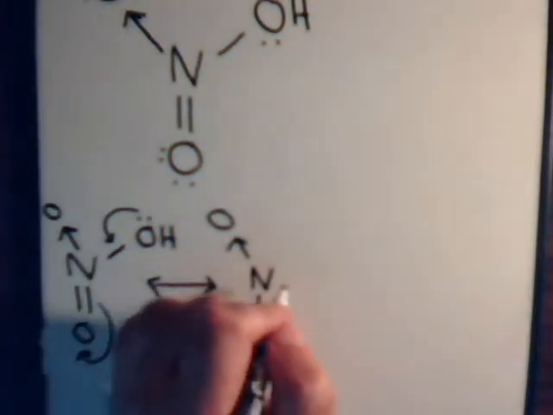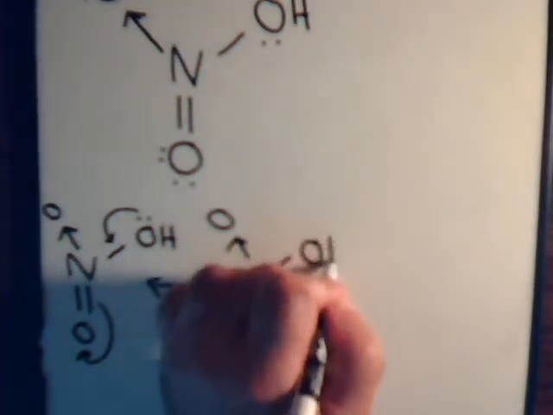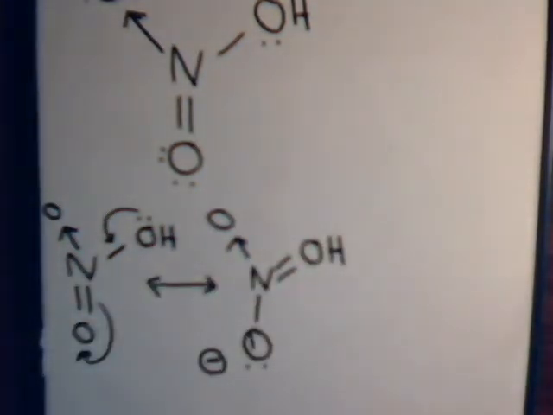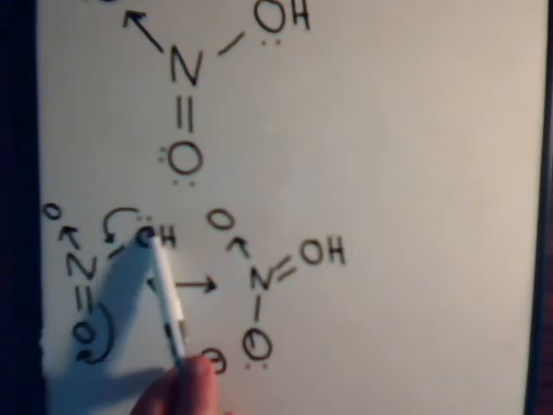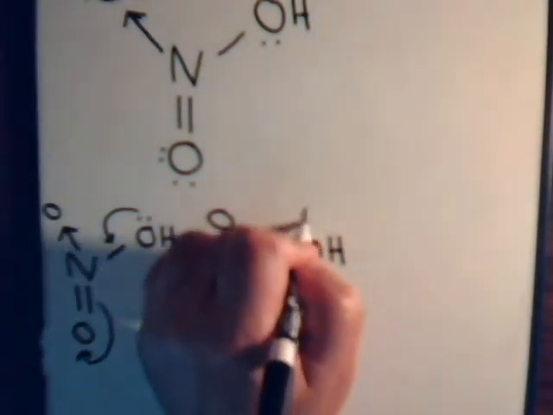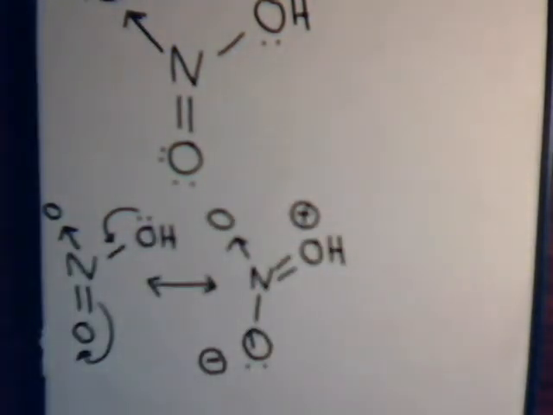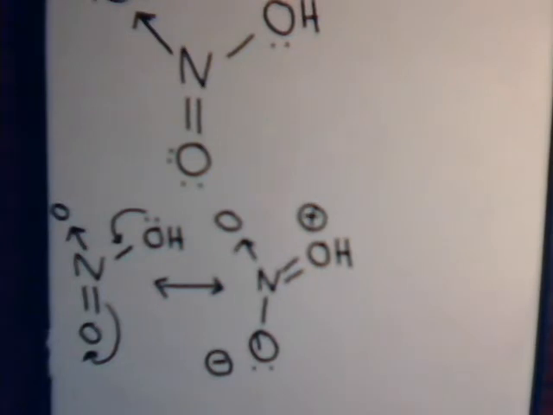Then we have the double bond with the hydroxyl group. But since oxygen put up both electrons to form that bond, it has a positive charge. And we have this Lewis structure, or this resonance structure.